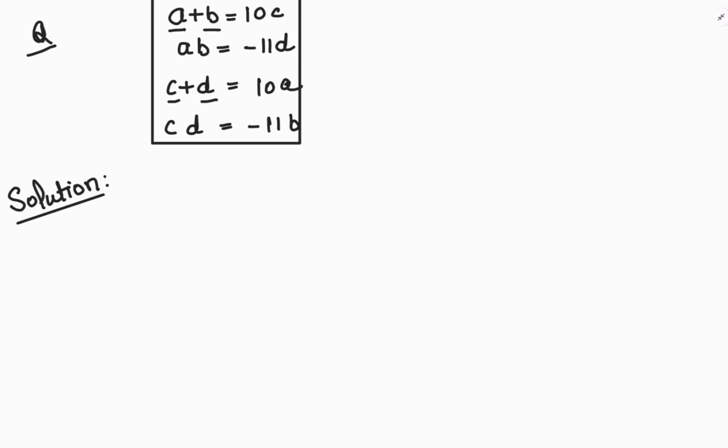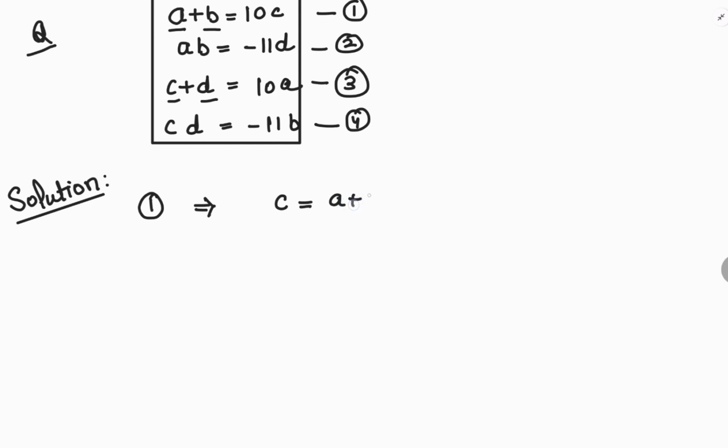So what we will try to do first is convert these four equations into two variables. Okay, if I say this is equation 1, this is 2, this is 3 and this is 4. Okay, so equation 1 implies that C is equal to A plus B by 10, right?